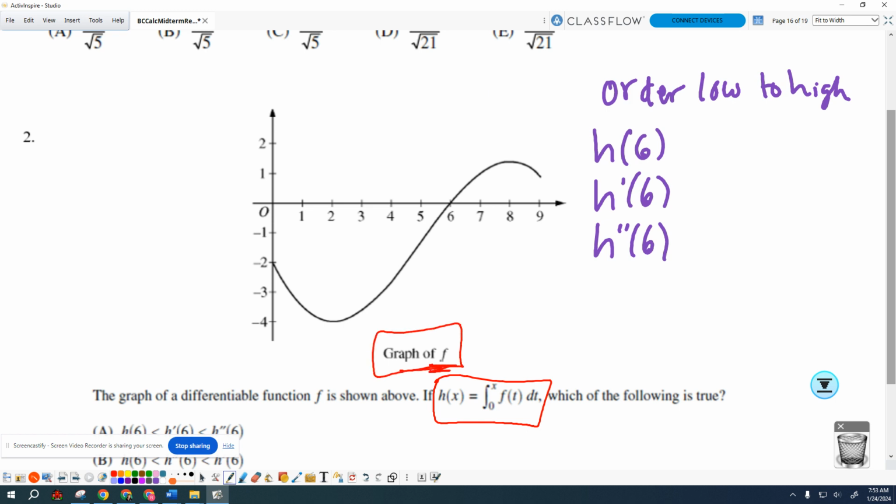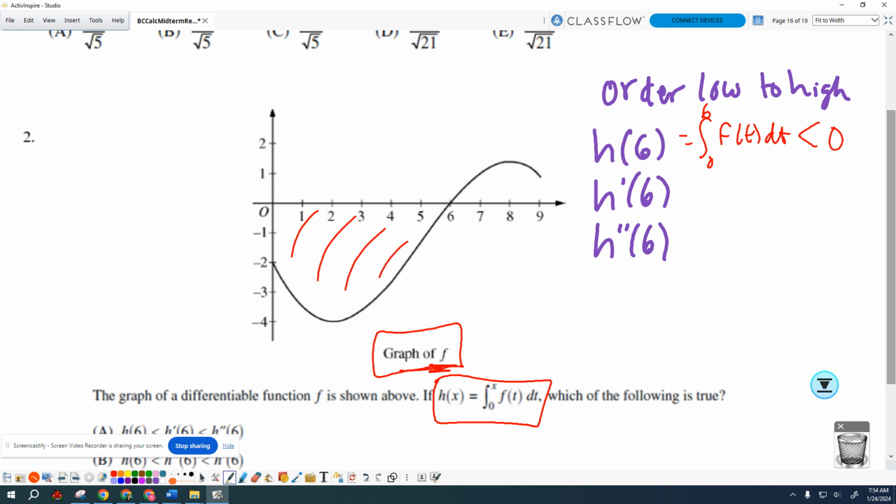How do I read h from a graph of f? Well, h is the integral of f, so h of 6 is the integral from 0 to 6 of this. So I don't want a value, but is it positive, negative, or 0? Negative, because it's area under the curve. Whatever it is, it's less than 0.